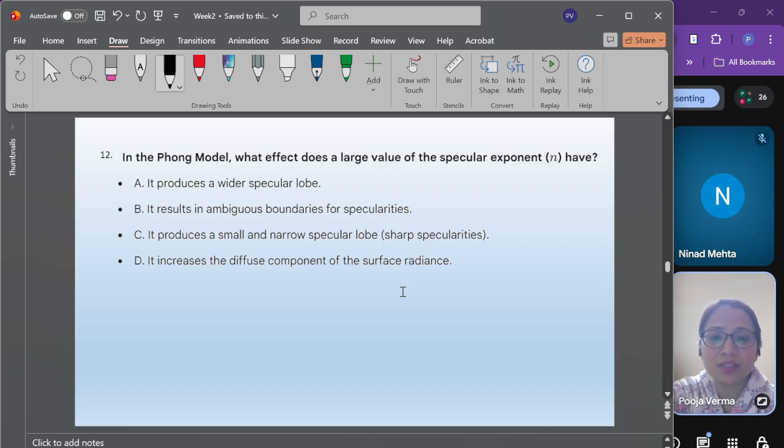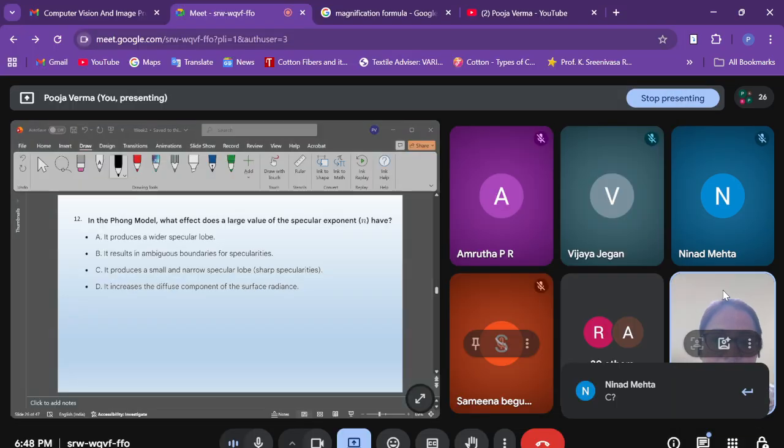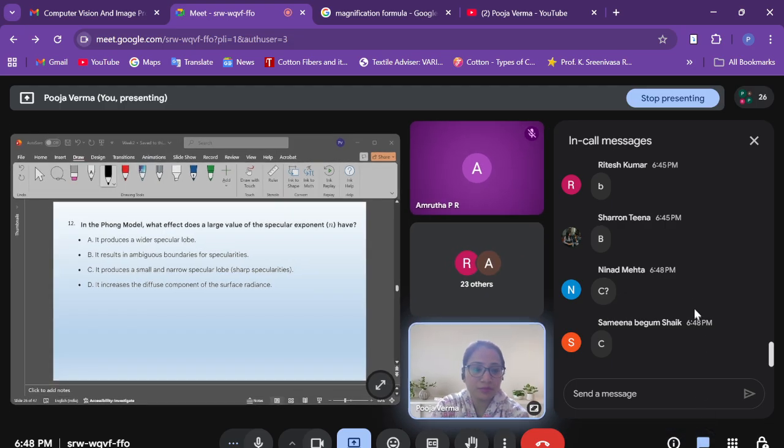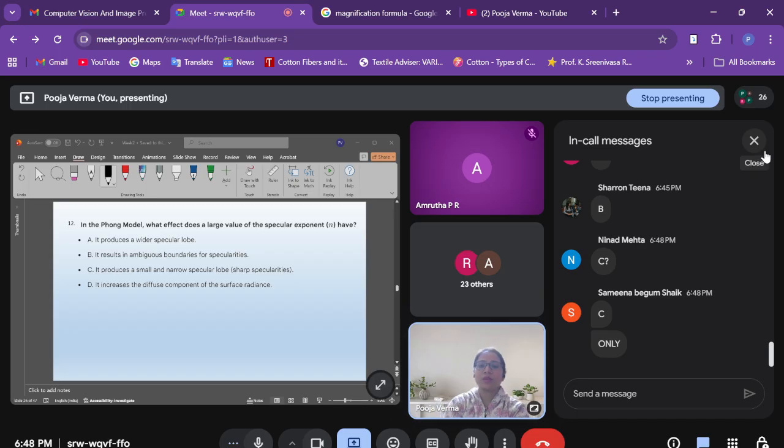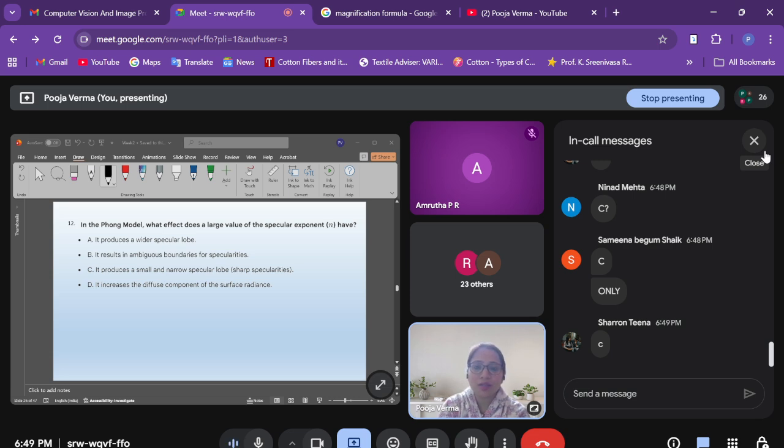Option D, it increases the diffuse component of the surface radiance. Which option can be the correct one? Option C, okay. C only, okay.